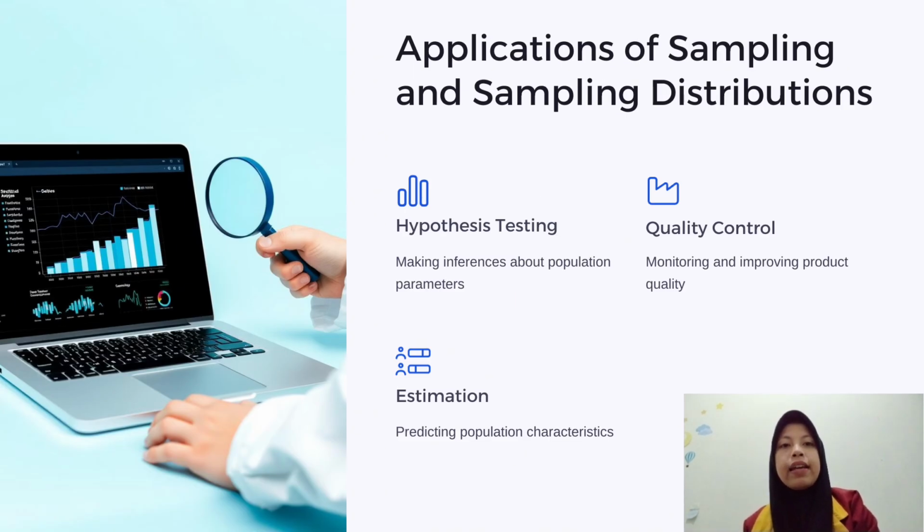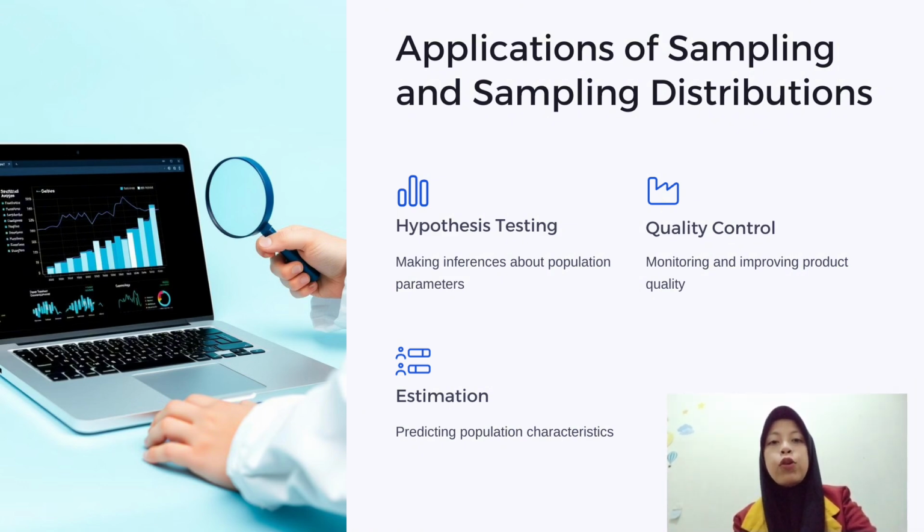Applications of sampling and sampling distribution. The first is hypothesis testing, the second is quality control, and the third is estimation of population parameters. We will talk about the first. This is hypothesis testing.